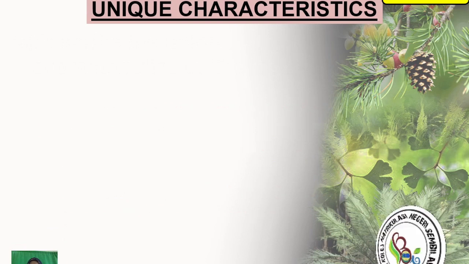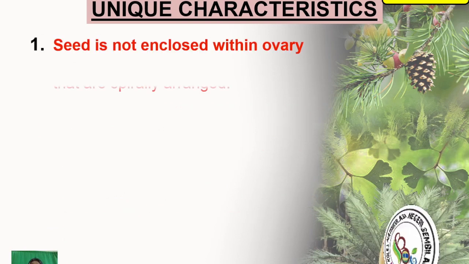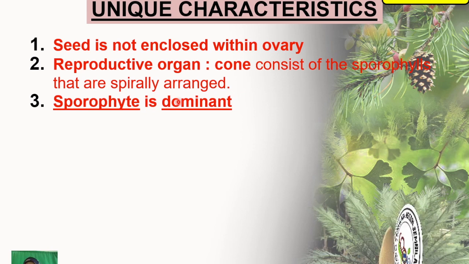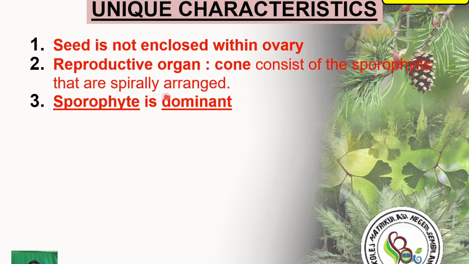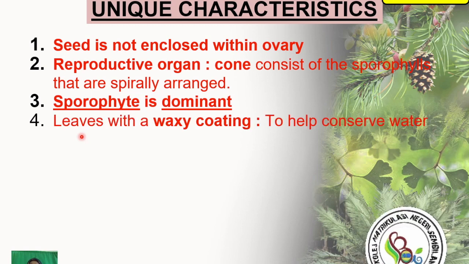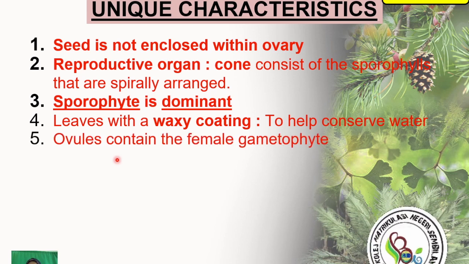These are all the unique characteristics of Gymnosperm. First, the seed is not enclosed within an ovary. Second, the reproductive organ, what we call a cone, consists of sporophylls that are spirally arranged. For Gymnosperm, the sporophyte is dominant. The leaf has a waxy coating to help conserve water.